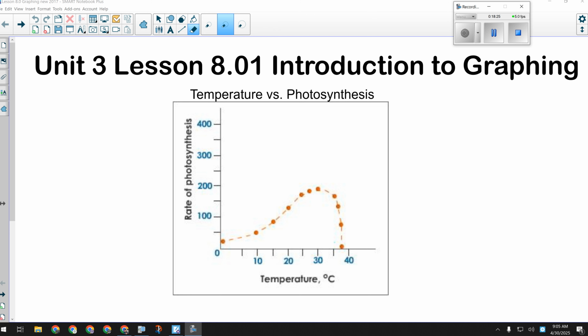Okay, on the x-axis here, we've got a label. It tells me that temperature was the manipulated variable in this experiment. That's an important thing for you to know. The manipulated variable always goes on the x-axis. You should probably write that down somewhere. Okay, the manipulated variable is always on the x-axis.